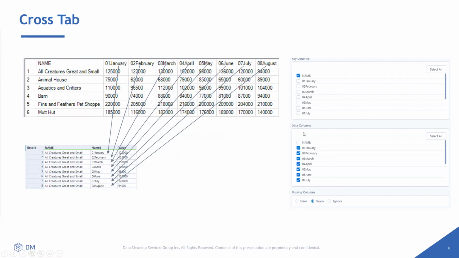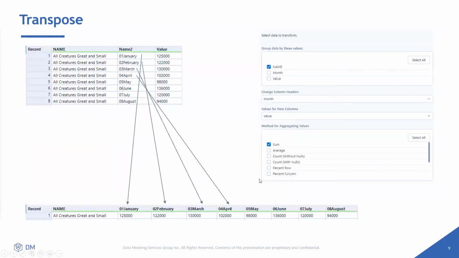And then the data column configuration is where we say which one of the columns, or the many columns, that we want to have be transformed. All right, so that's the Crosstab. And just like it, but opposite, is the Transpose.